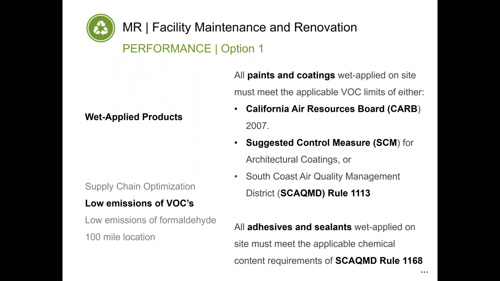And then for adhesives and sealants, you want to comply with the SCAQMD Rule 1168. So remember that paints and coatings relates to Rule 1113 SCAQMD, and adhesives and sealants relate to 1168 for SCAQMD.